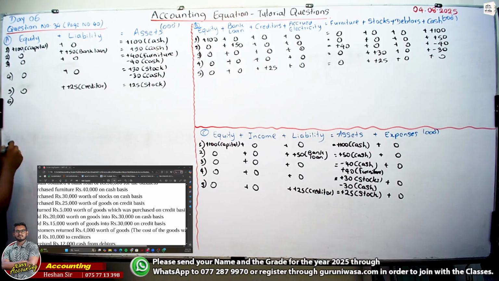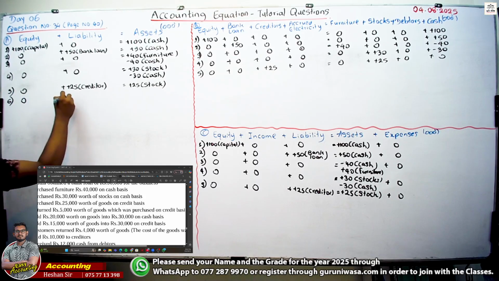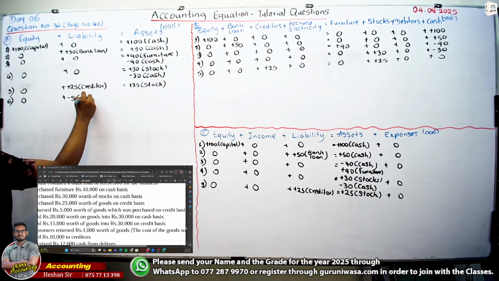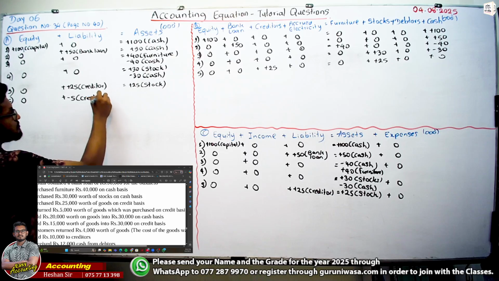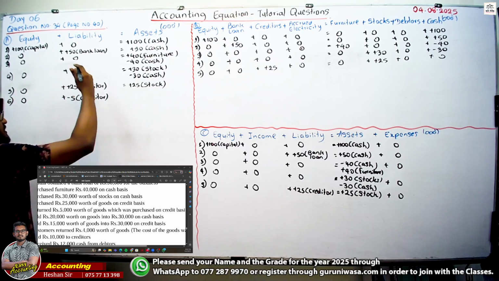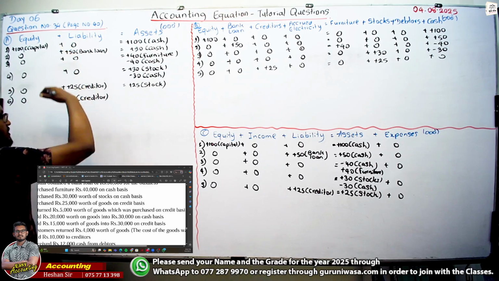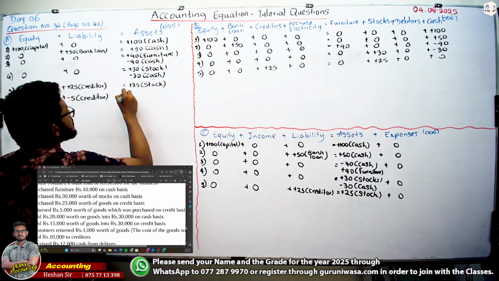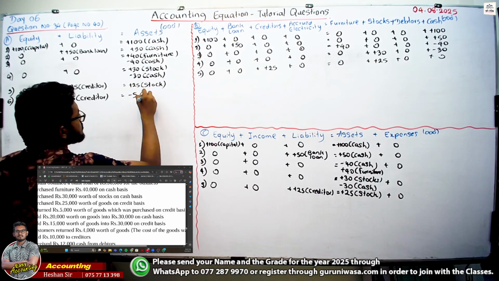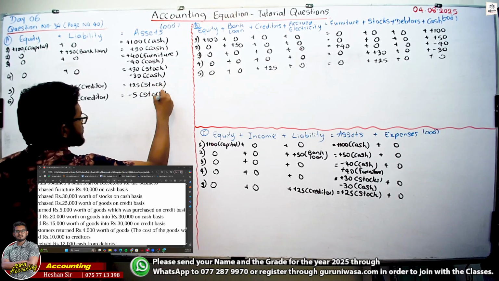When we return the goods, our creditor liability decreases. Why? When we purchase goods on credit, our creditor liability increases; when we return it, it decreases. And our 5,000 worth of stock asset also decreases.